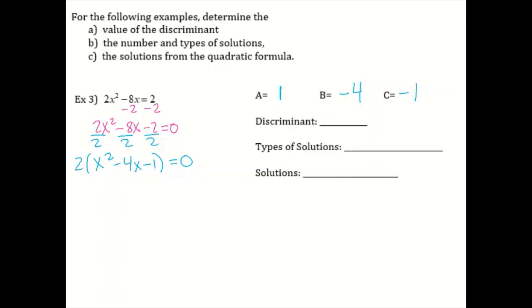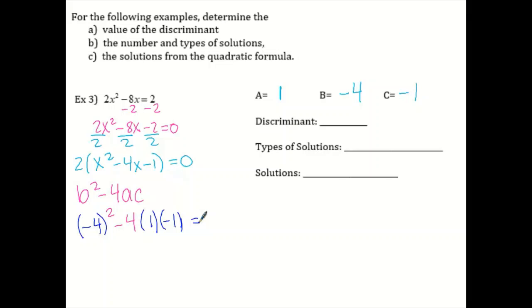So I'm going to find my discriminant. Remember, that's b squared minus 4ac. So I have (-4) squared minus 4, my a, which is 1, and my c, which is -1.